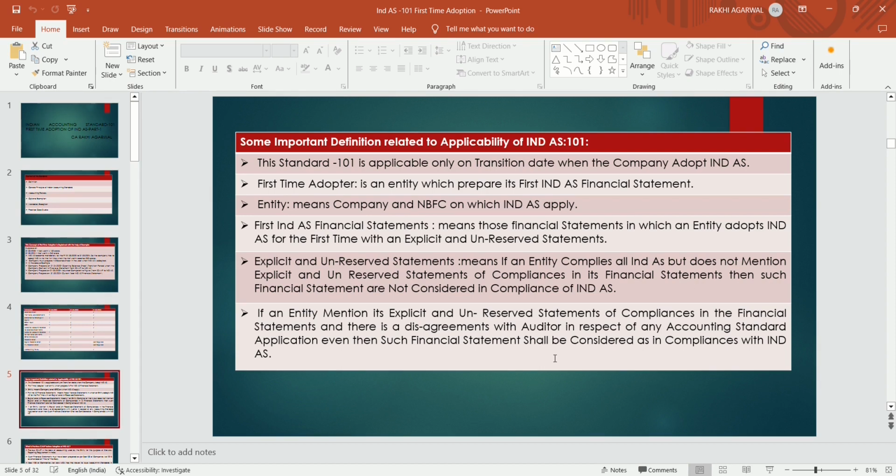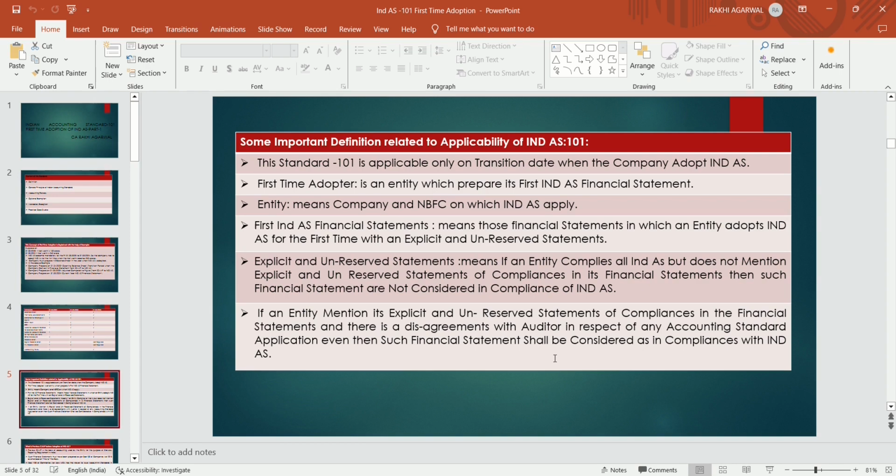The standard 101 is applicable only on the transition date when the company adopts Ind AS for the first time. In our example, 1st April 2022 is the transition date when the company adopts Ind AS for the first time.